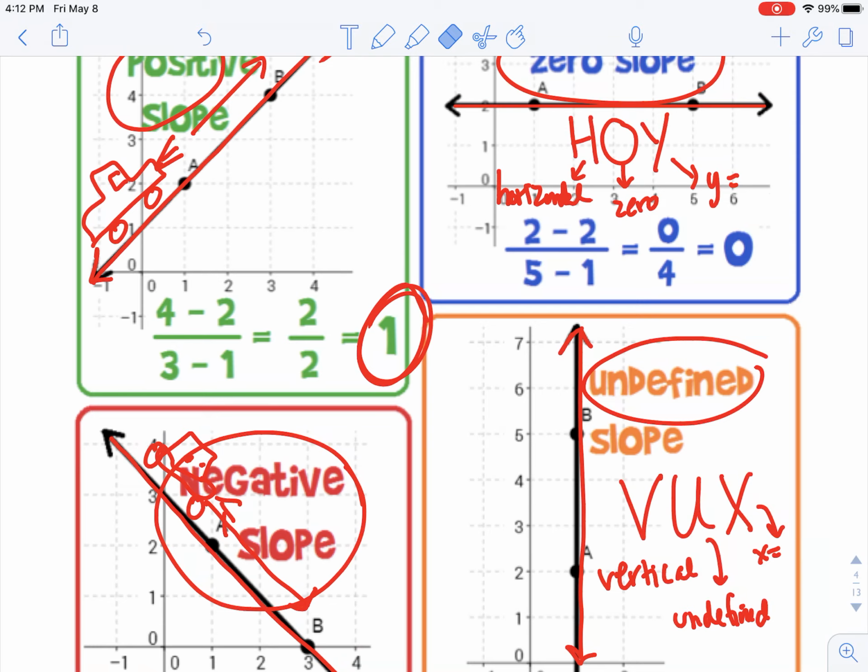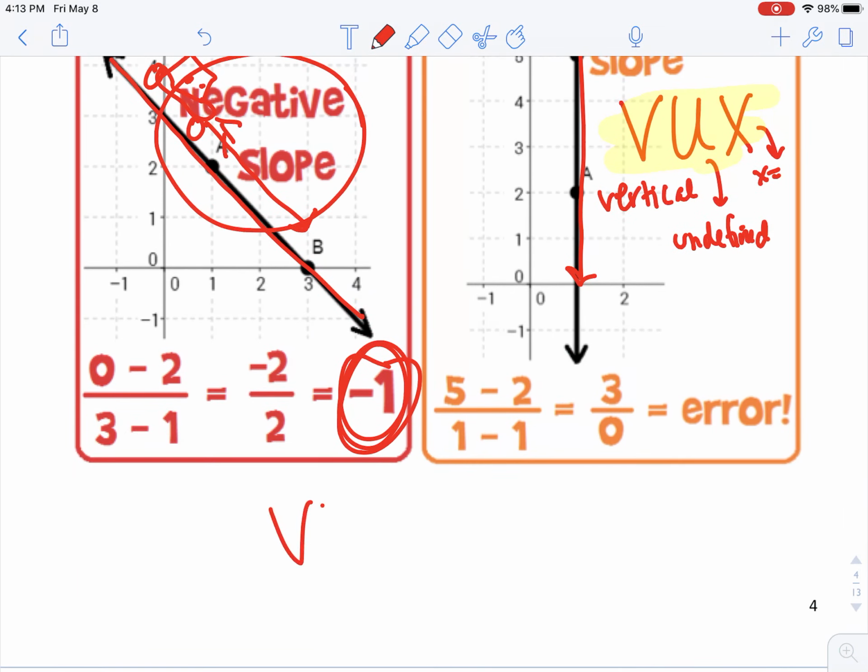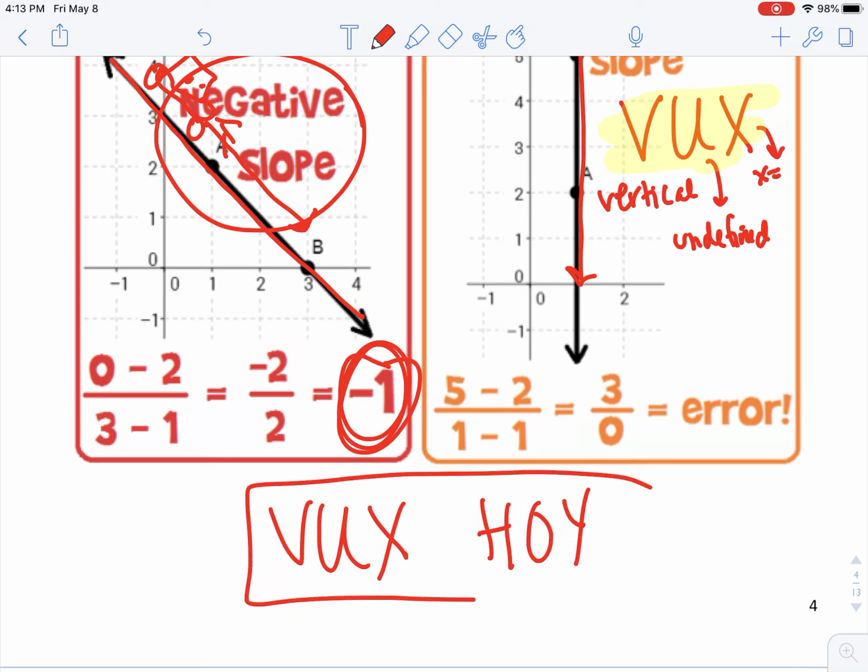Okay. So what you need to remember is this concept right here of vux and then hoy. If you want to write that on your paper, write vux and hoy on your paper so you'll remember that trick to do these lines, vux and hoy.